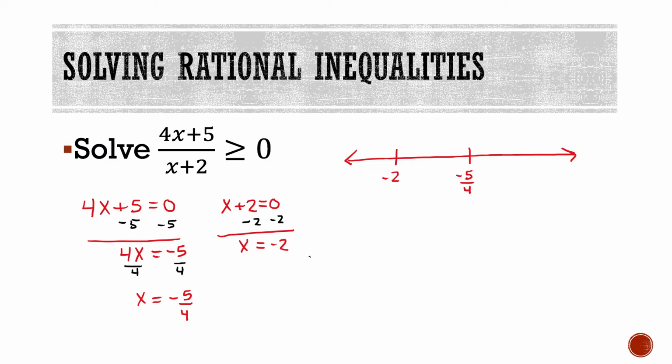Now, the idea is that these two zeros, remember these are your x-intercepts. So these are the places where the graph is going to cross the x-axis. I don't really know what this graph looks like, but let me show you this really quickly. If we have negative 2 here, I would anticipate that the graph is very likely to run from a positive number here and then cross and become a negative number.